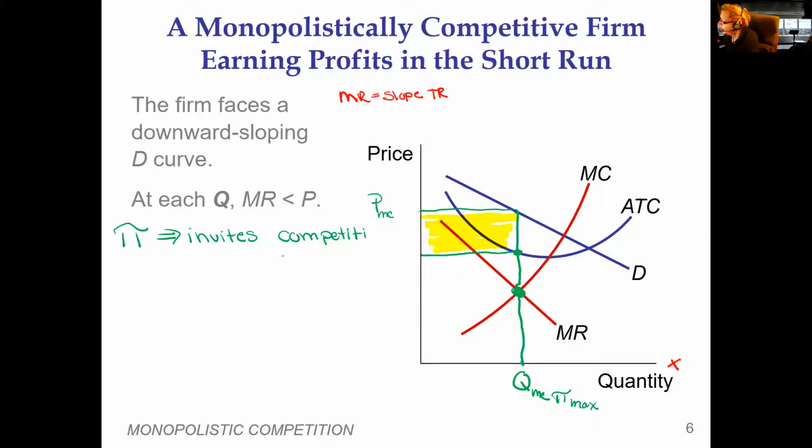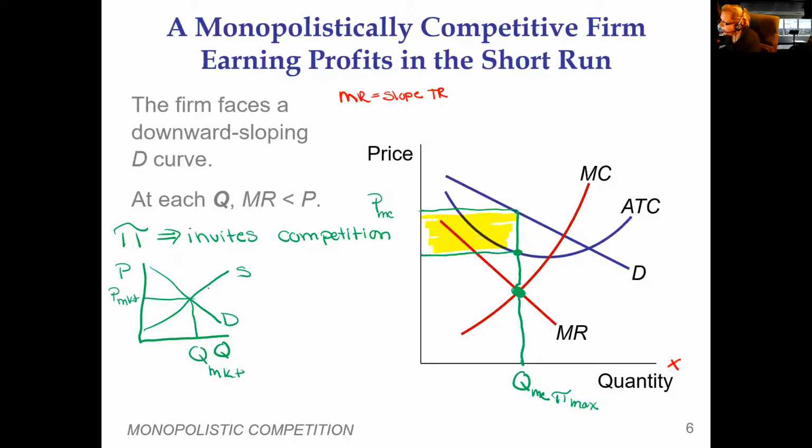So again, this is one firm we're looking at in this particular graph, but we know that if we're profitable, then if we look at, again, quantity and price and what's happening in the market, here's our demand curve, here's our supply curve, and here is our quantity in the market, and here is our price in the market.